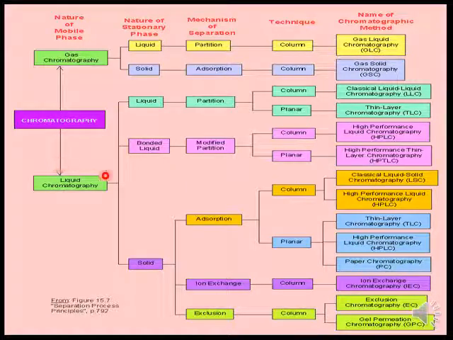If the mobile phase is liquid, the stationary phase will be either liquid, bonded liquid, or solid, and the mechanism will be different. So that's the technique, and the name will derive based on the stationary phase, as well as the mechanism and also technique.